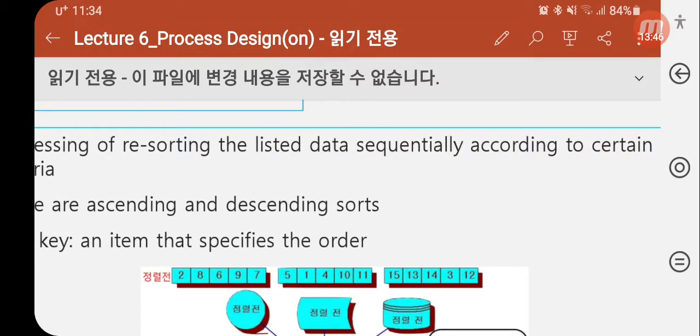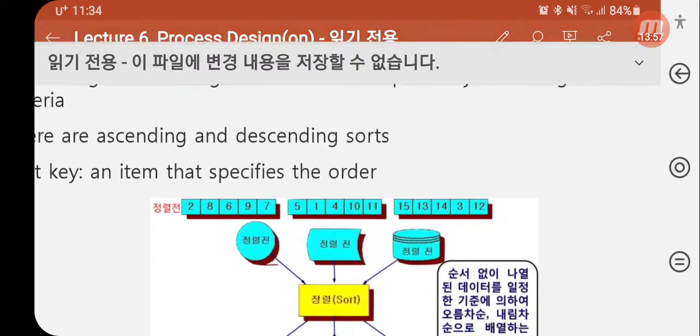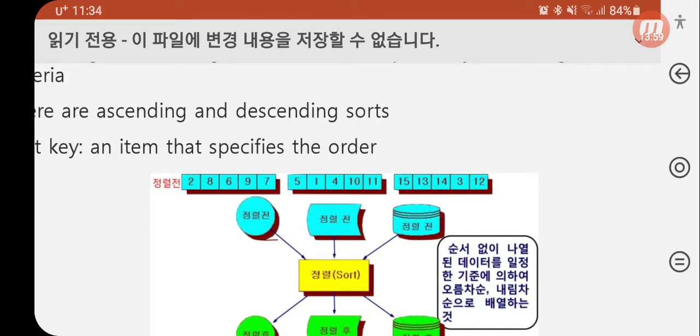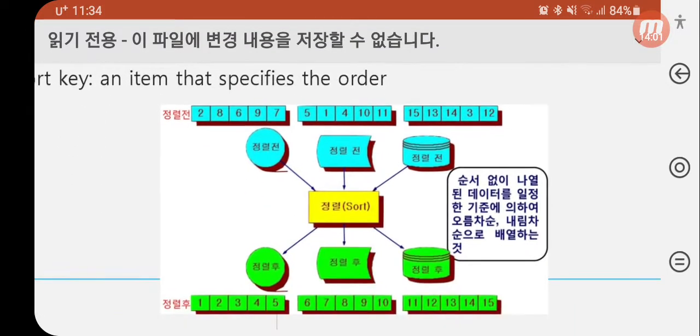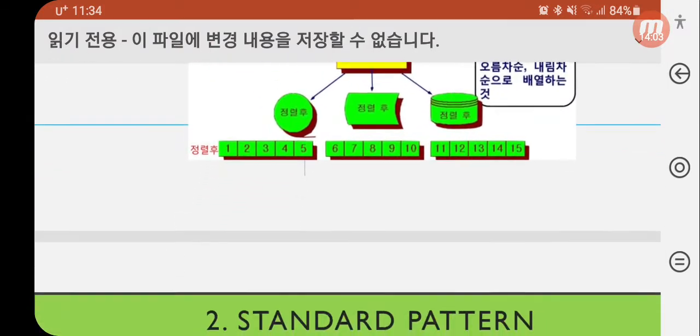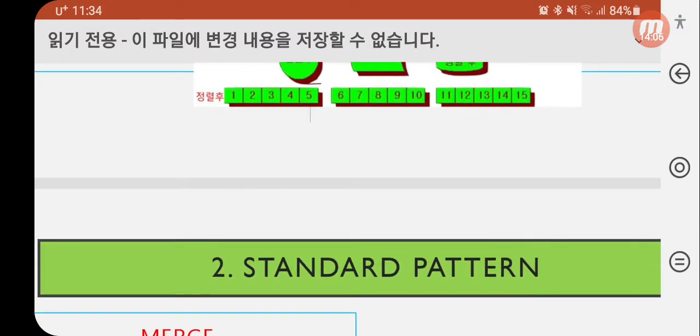This line is before the sort: 2, 8, 6, 9, 7, 5, 1, 4, 10, 11. After sorting, 1, 2, 3, 4.